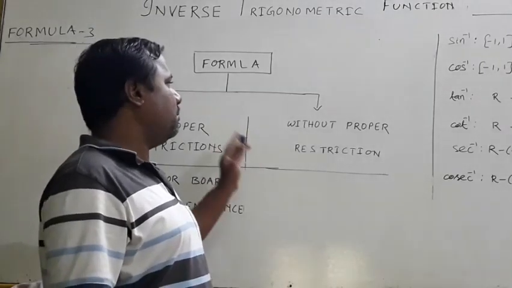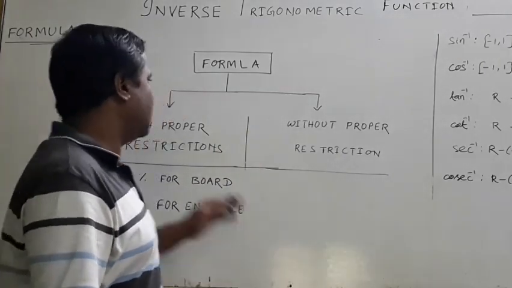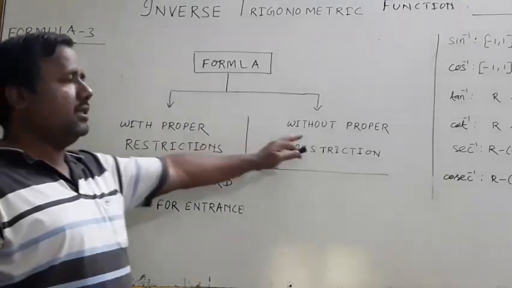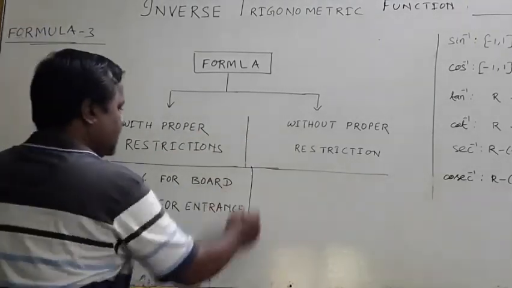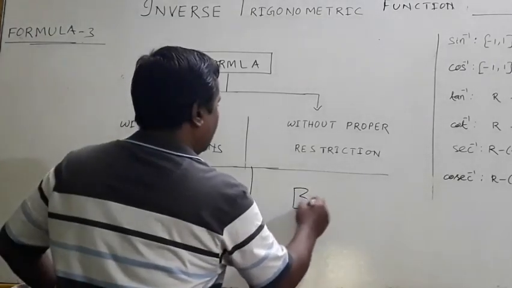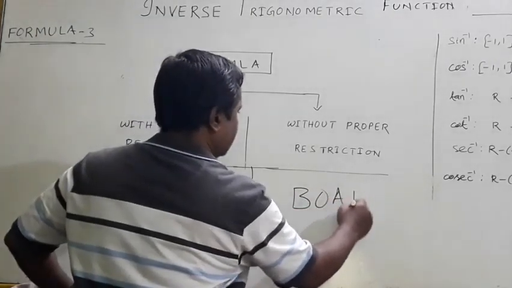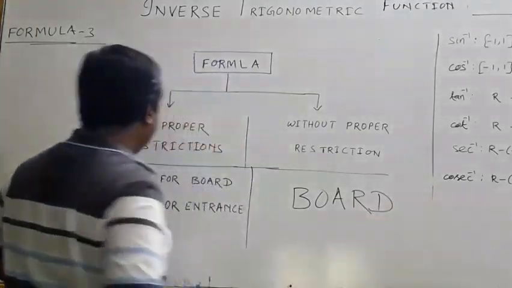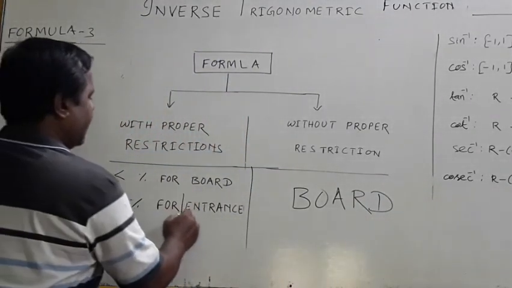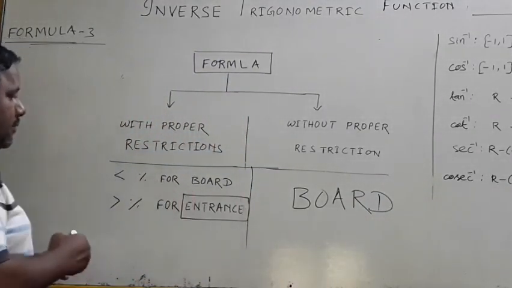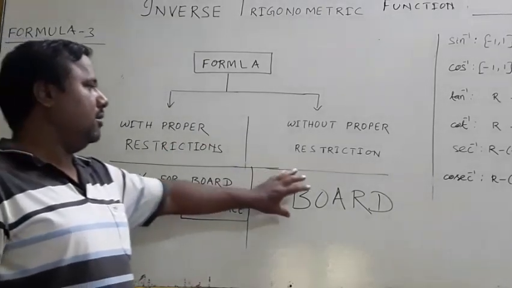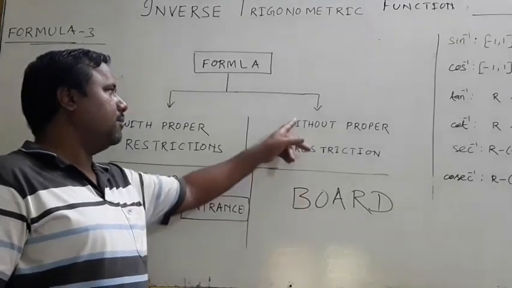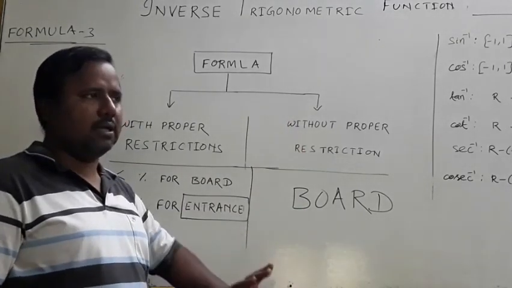So you can do plenty of problems without restriction for your board exam. So I suggest, this is for board, this is for entrance. When you go to entrance, you have to remember the restrictions. And when you go for board, you have to remember the formula without restriction.